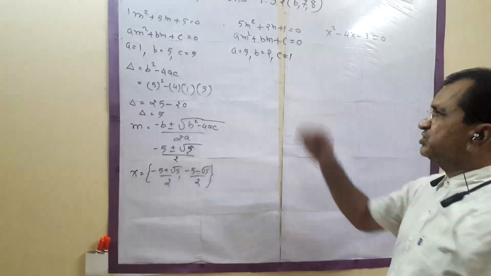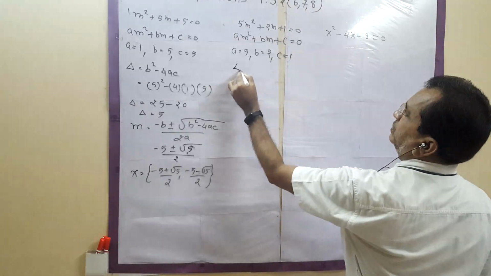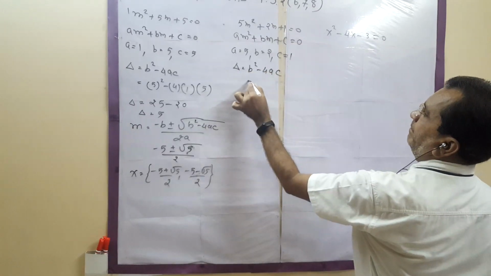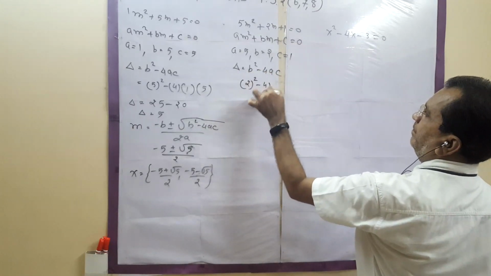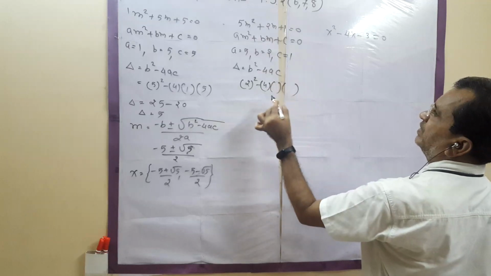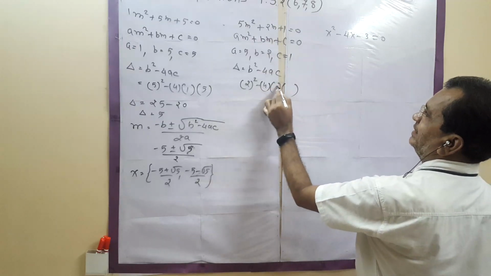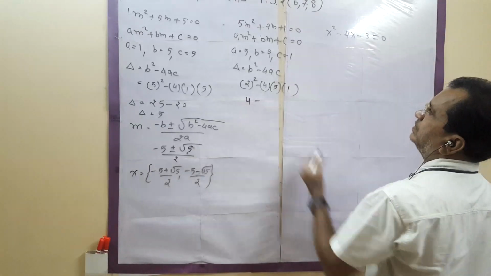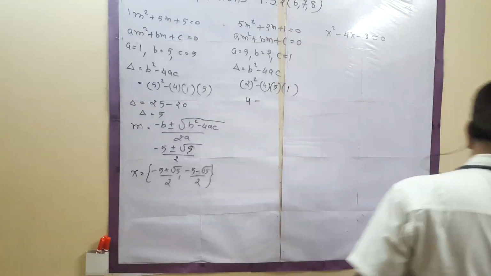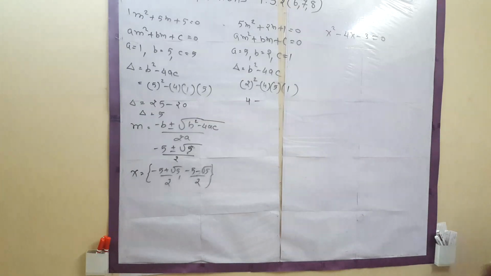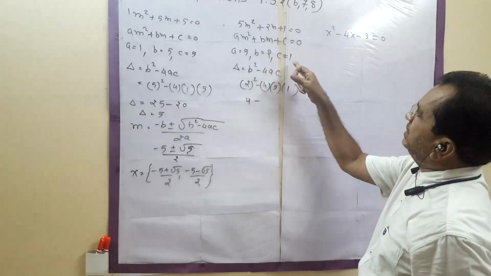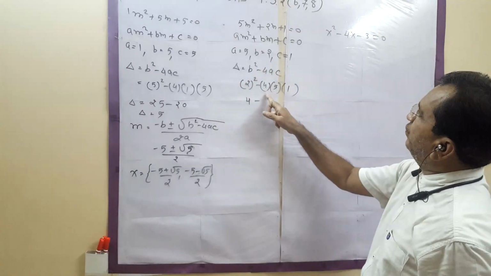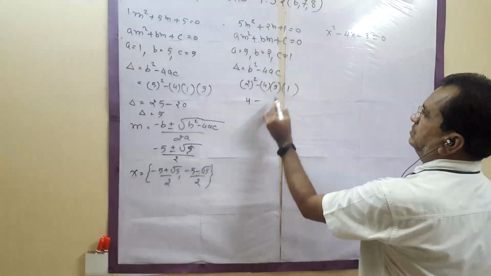Compare a, b, c. So discriminant. A, B, C. B square minus 4AC.